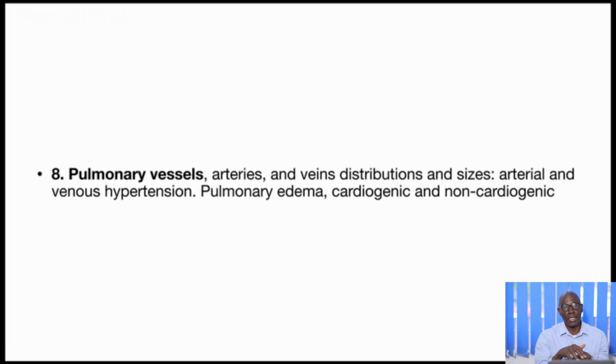So then these arteries and the veins, their change in size and density may change the appearance of the lung. We are talking about things like arterial and venous hypertension, pulmonary edema, and cardiogenic and non-cardiogenic pulmonary edema. I think this is where we will start from in our next session, but this is what I had for you. Thank you very much.